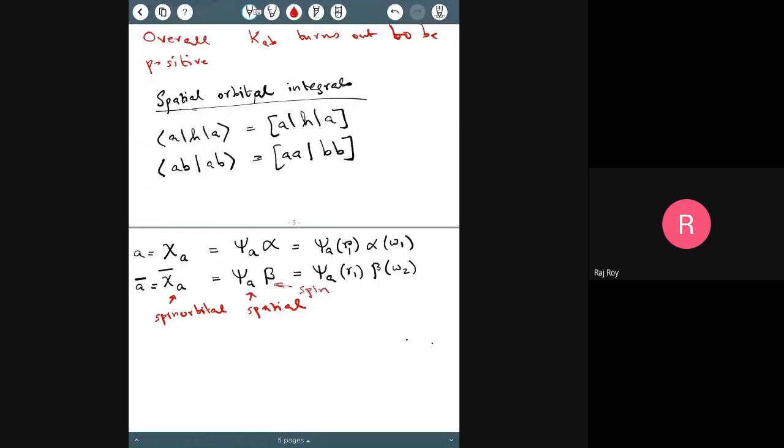Also, here you see that for a given orbital, I have taken the spatial parts to be the same. When the spatial parts are the same for two spin orbitals, it is called a restricted description.